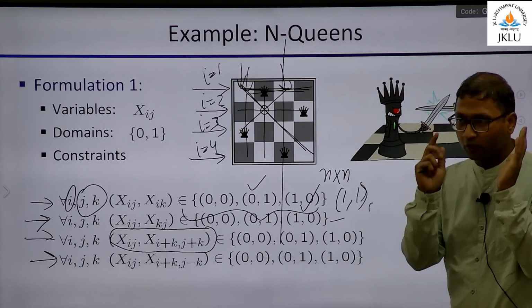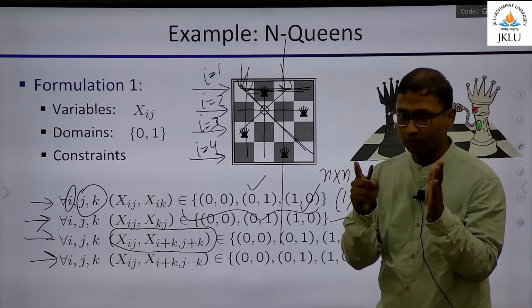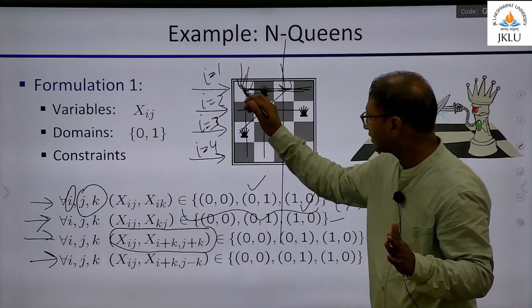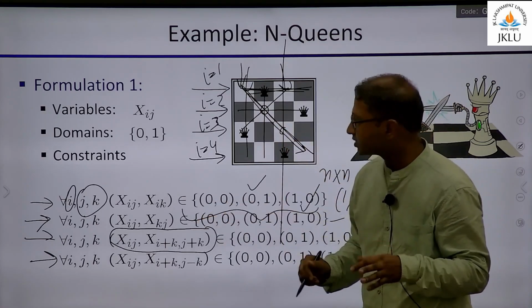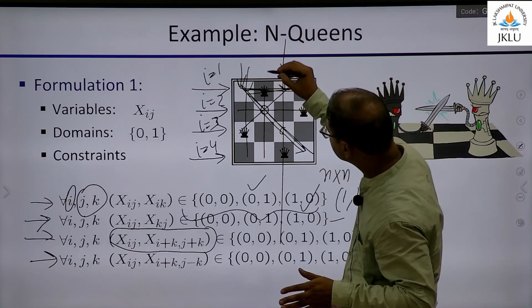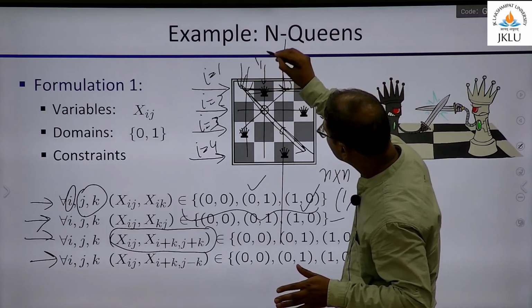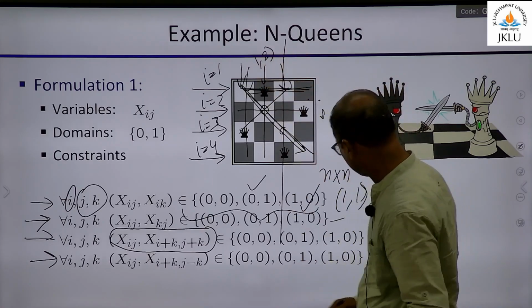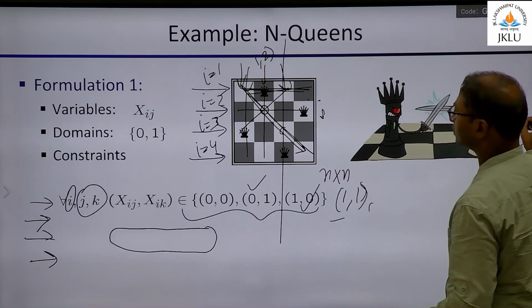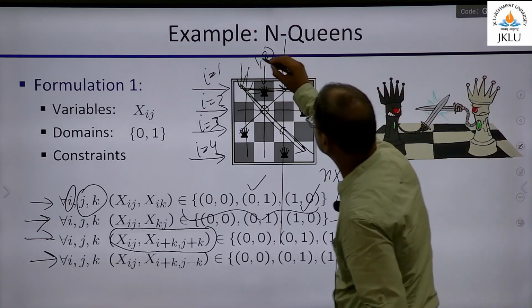So I go from 1 comma 1 to 3 comma 3. So I travel along this diagonal. But let's say 1 1 was maybe an easy case. Let's say we are at 1 comma 2.